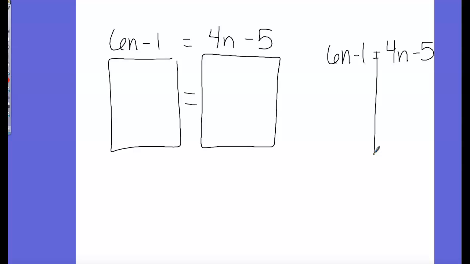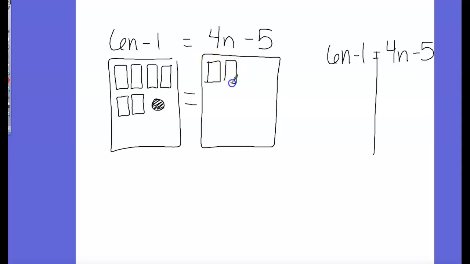You can draw them. Make sure yours looks like mine.